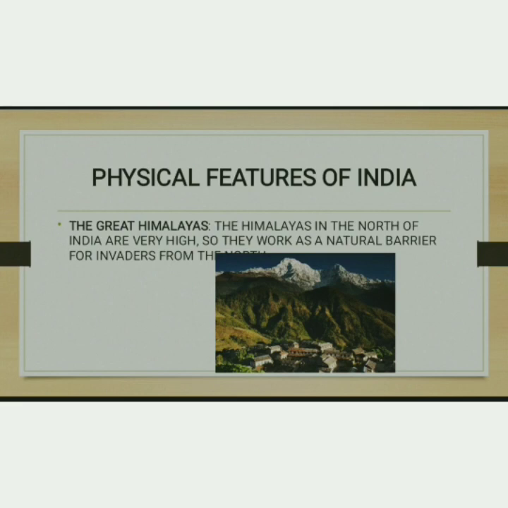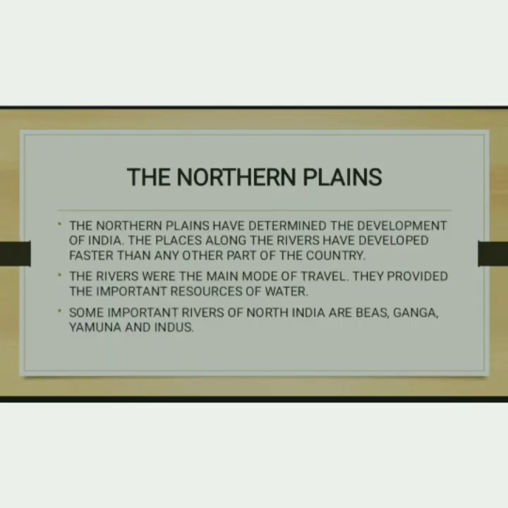The physical features of India that have shaped Indian history are the Great Himalayas. The Himalayas in the north of India are very high, so they work as a natural barrier for invaders from the north. Hence, very few invasions have taken place from this side.